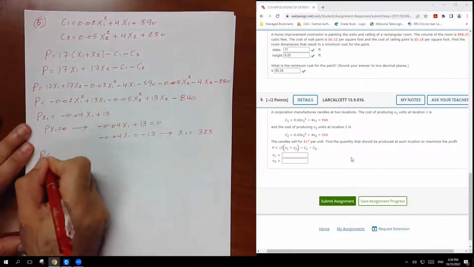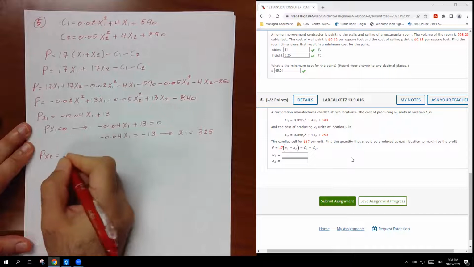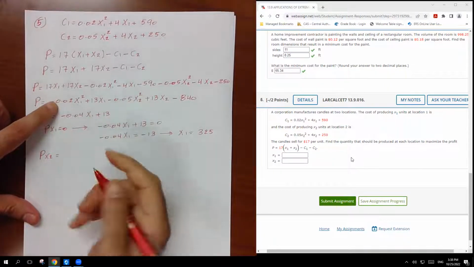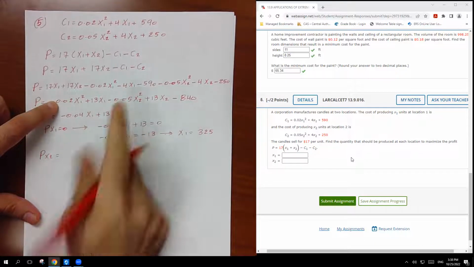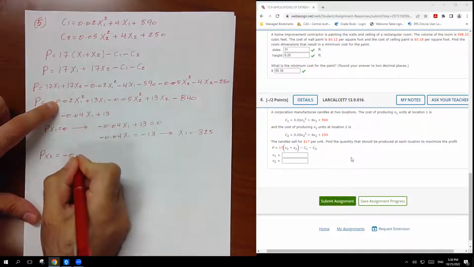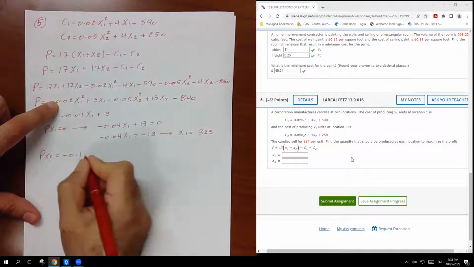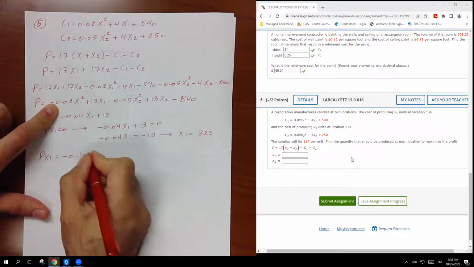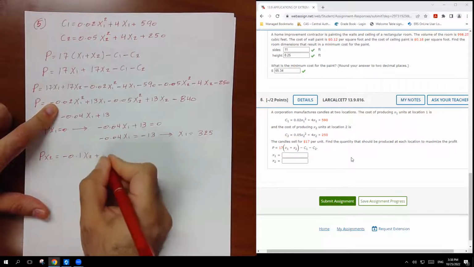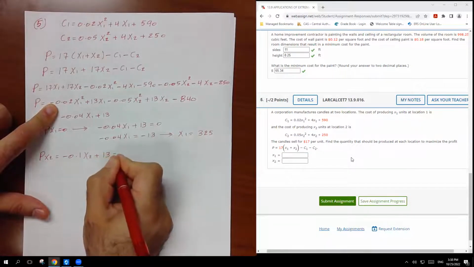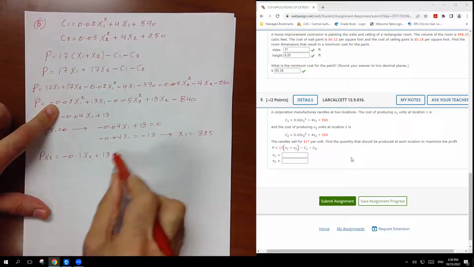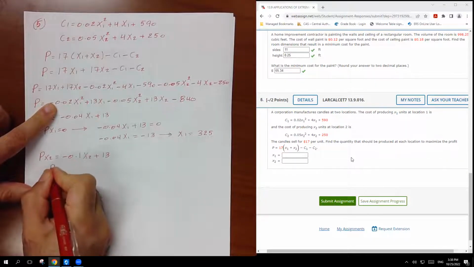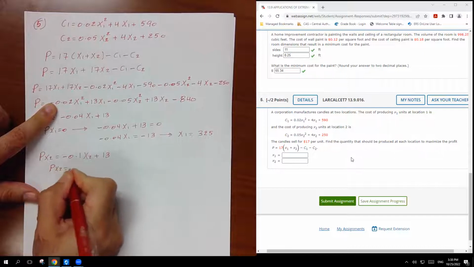Now let's find with respect to x2. That means P x2 is going to be, this is 0, this is 0, 2 times 0.05, so it's going to be negative 0.1 x2 plus 13 equal 0.